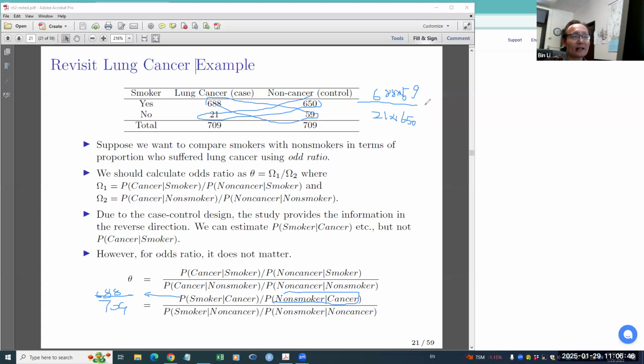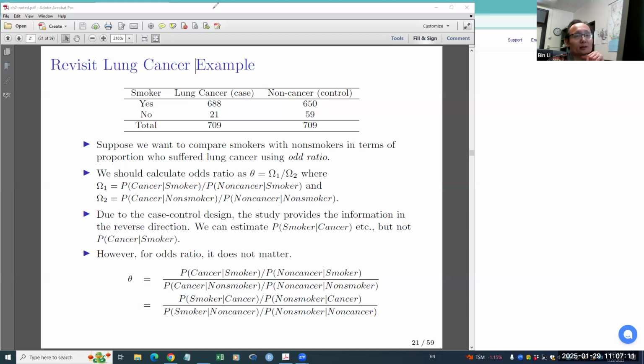And that is the estimate of the odds ratio. Is that clear? So that's very simple to estimate. And it's not limited by those sampling designs because X and Y can change. Okay, so that's the odds ratio.